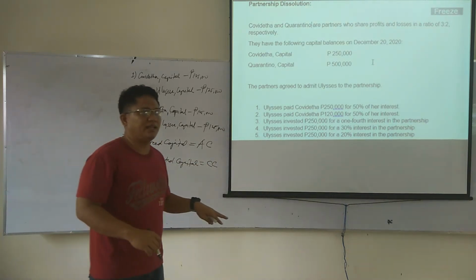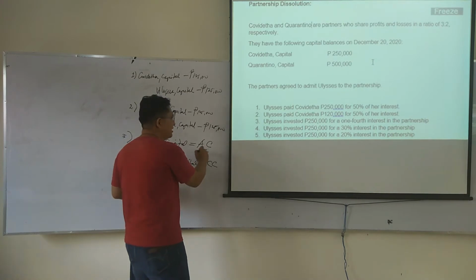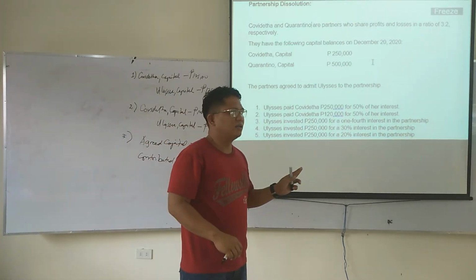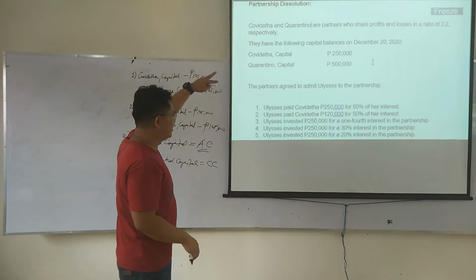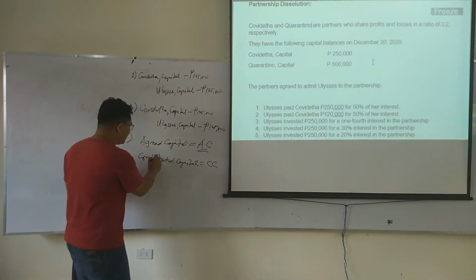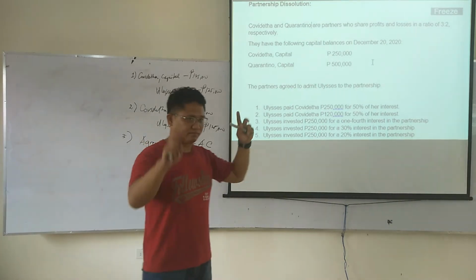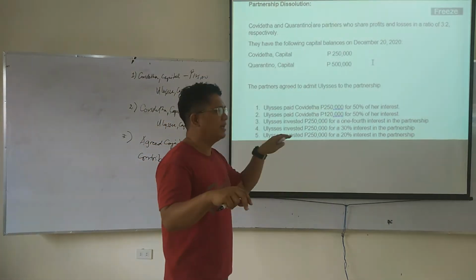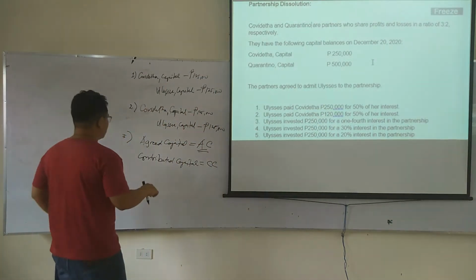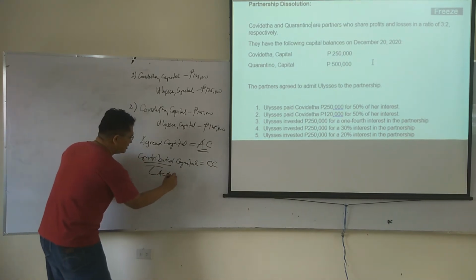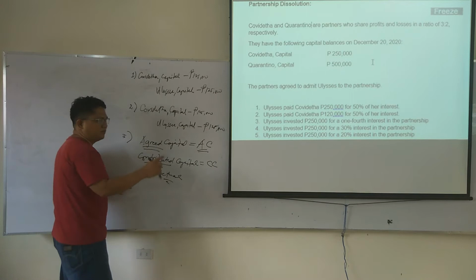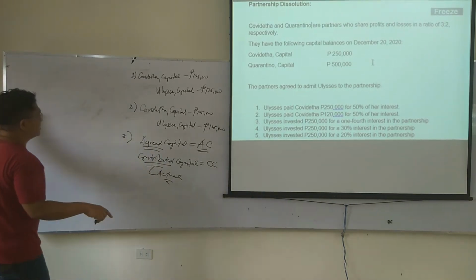Agreed capital is the capital agreed by the partners to be credited to the incoming partner or to the existing partner. And contributed capital is the actual capital put in by each partner.